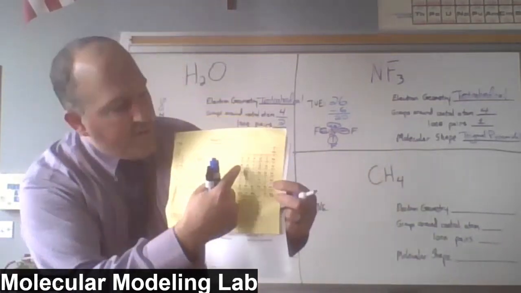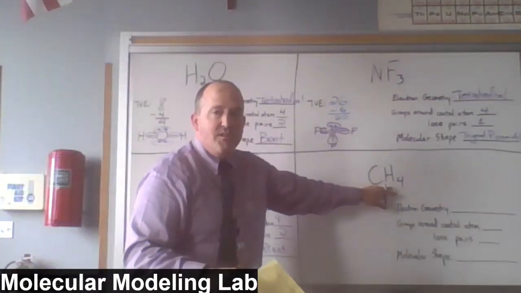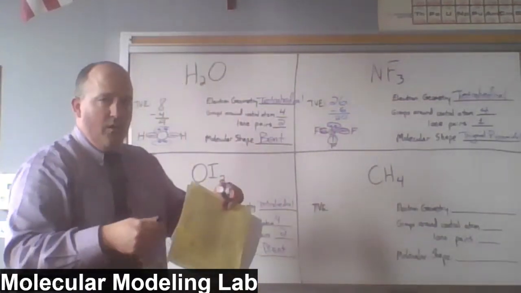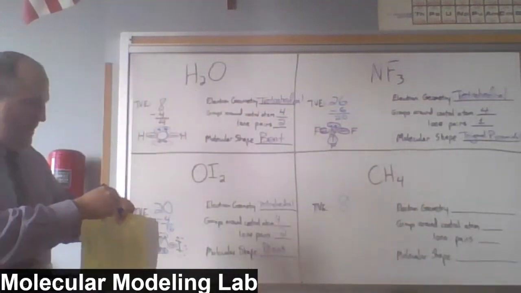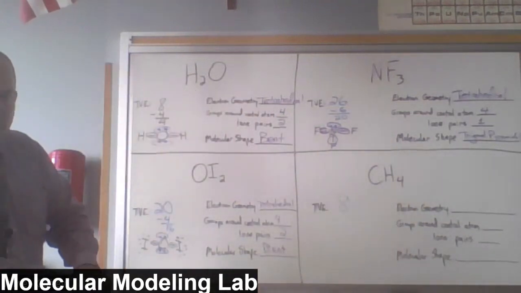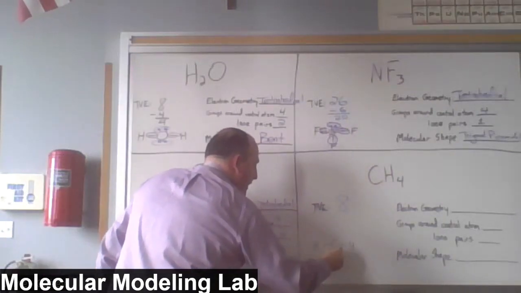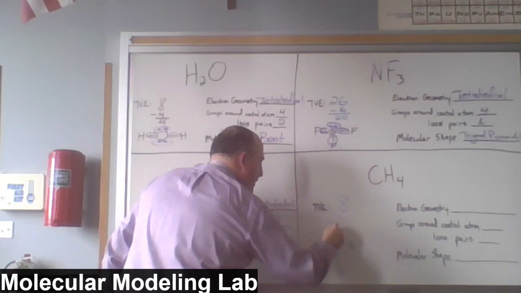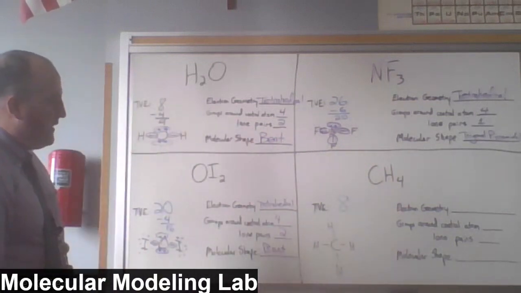CH4. Carbon is in the column that has 4 valence electrons, and then 1 for each of the 4 hydrogens: 4 plus 4, 8 total valence electrons. Carbon is the central atom, because there's only 1 of them, and we're going to attach it directly to each of the 4 satellite hydrogen atoms.